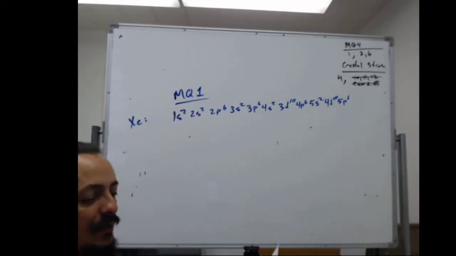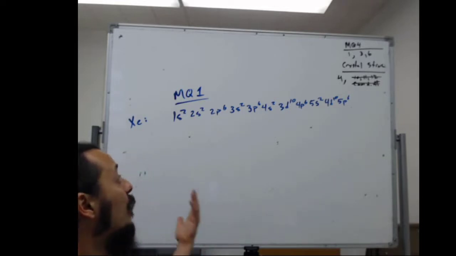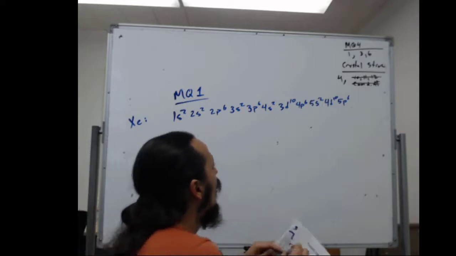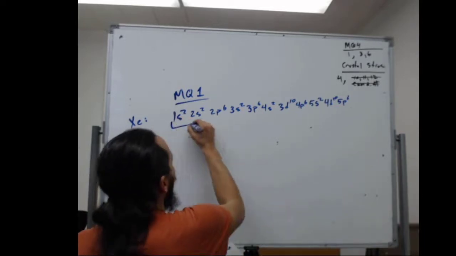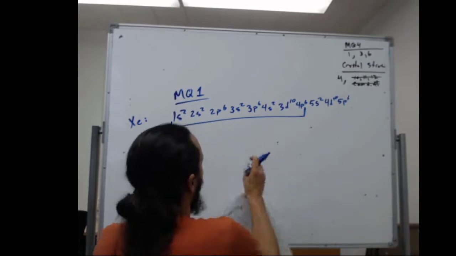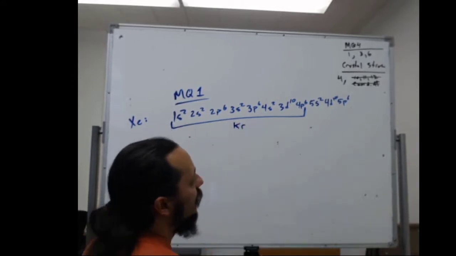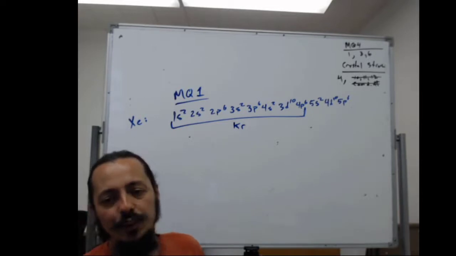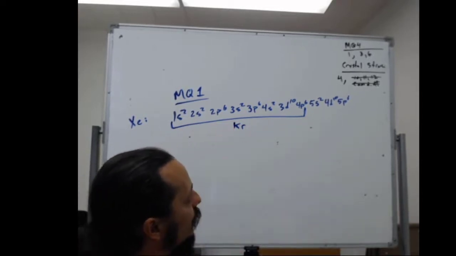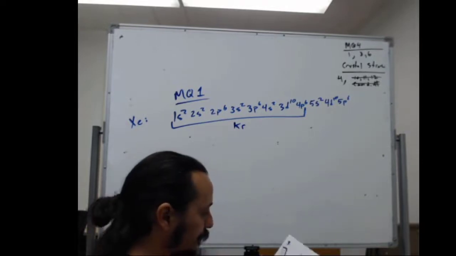And the reason I went too far is because there's a shortcut we use. We almost never write out the entire electron configuration like this. What we do is we recognize that this up to here is krypton. And so this is called the noble gas shortcut. Anything up to a noble gas, we can just use krypton for that.